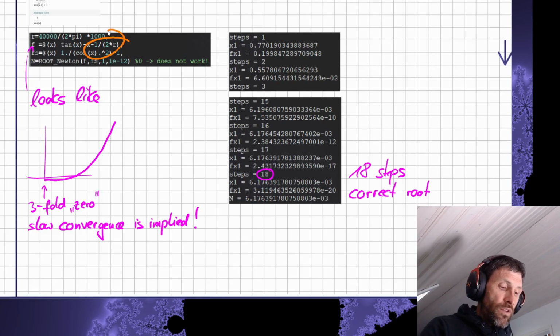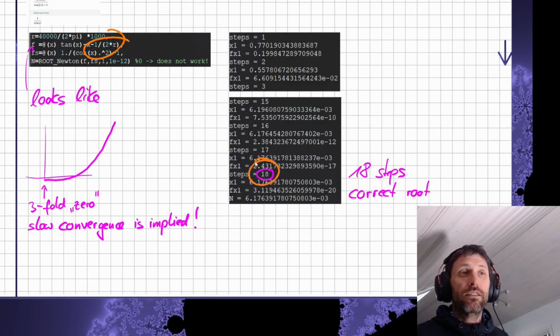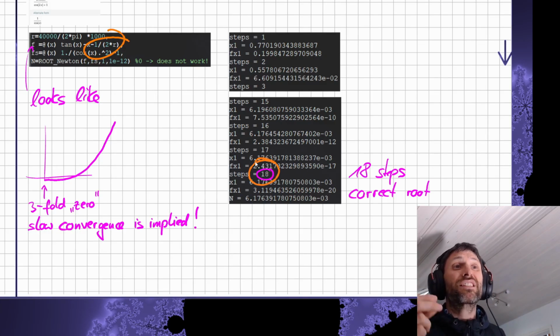Okay, so this function is a function, and you will again need a large number of steps, and this is a surprise. Why do we need so many steps?